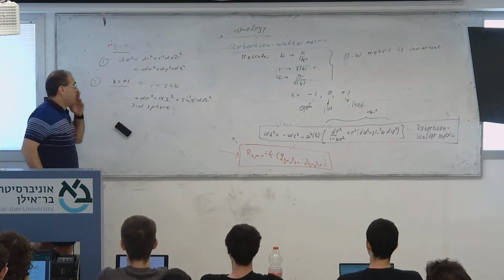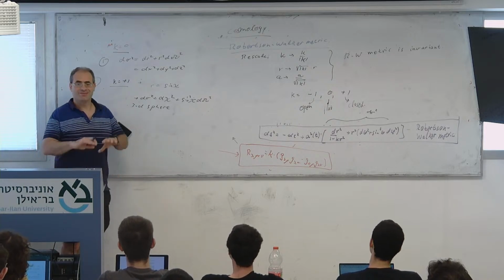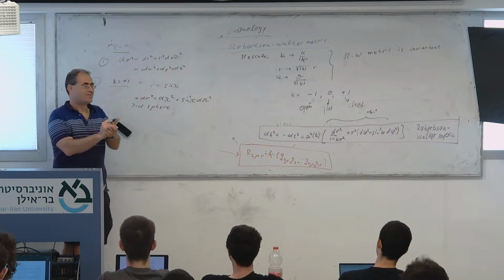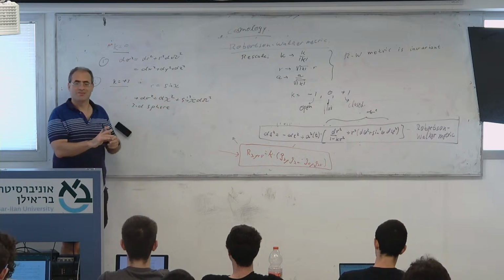If it was two-dimensional, how do you describe a two-dimensional sphere? d theta squared plus sine squared theta d phi squared.